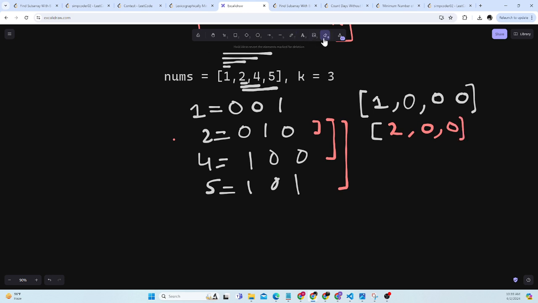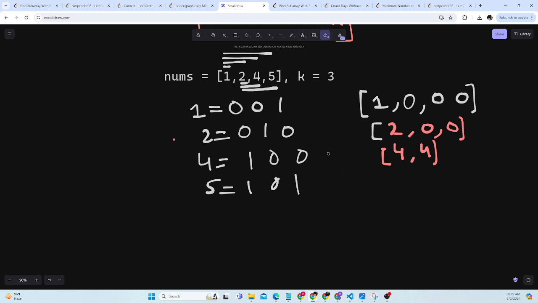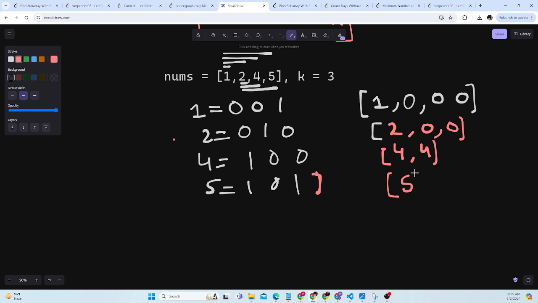Okay. Then if we start at this particular subarray, the bitwise AND will be 4. If we consider this subarray, the bitwise AND will be 4. Okay. So now if we start at this particular subarray, this will be 5.